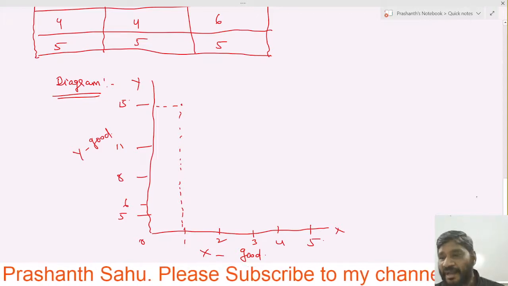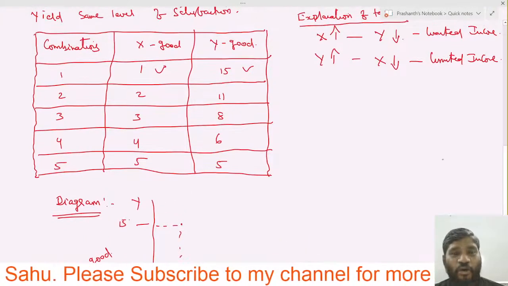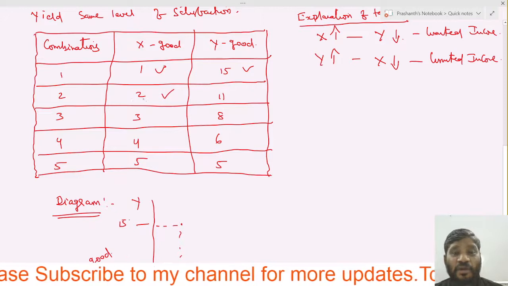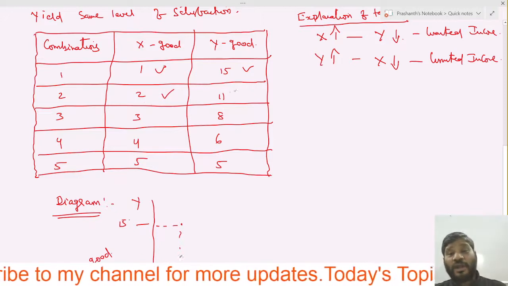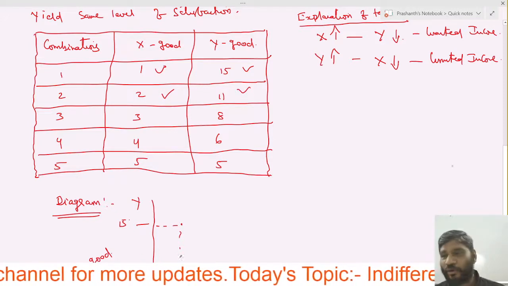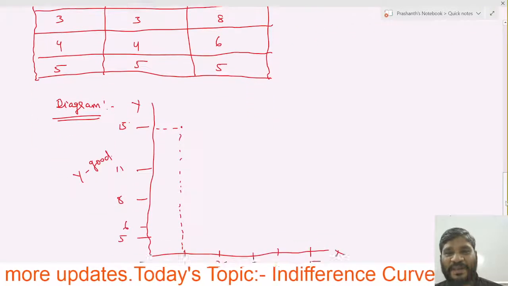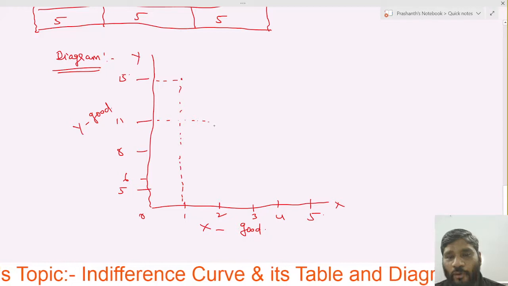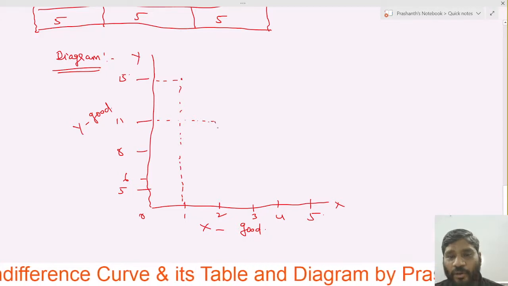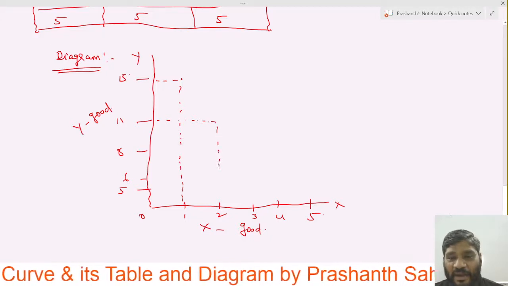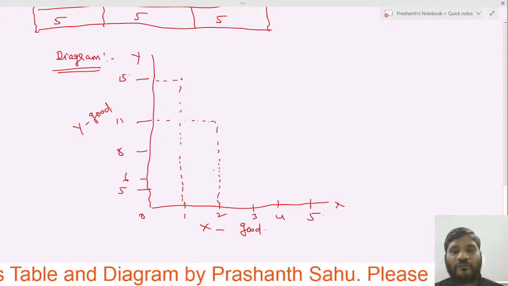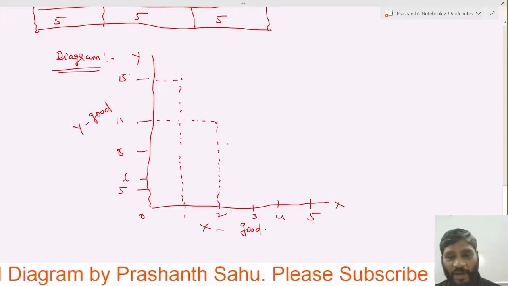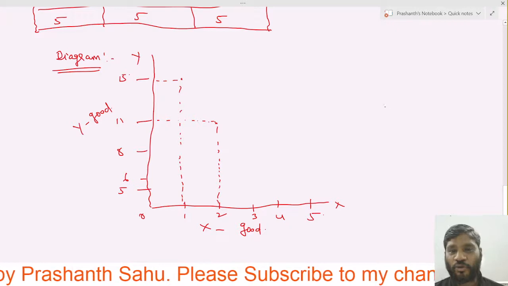Okay, next another one, 2 combination. Yes, 2 units of X good, 11 units of Y good. Right. So let me take that also. So 2 and 11. Okay, 11 units of Y good and 2 units of X good.